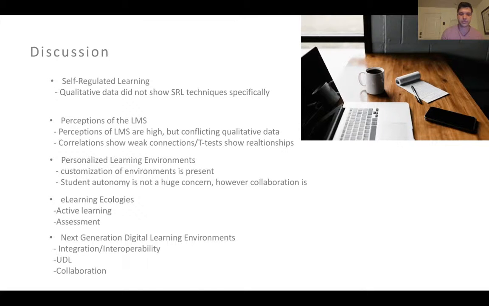So in terms of the NGDLE, we had tons of comments about integration and interoperability. That would tend to be the case because those are some of the questions that I asked. But besides that, we saw something that I didn't expect, which was a ton of comments about UDL and collaboration again. So I did ask a question about universal design for learning.